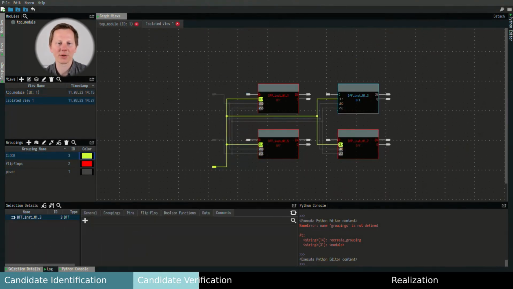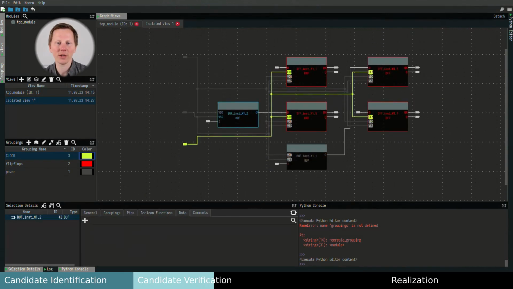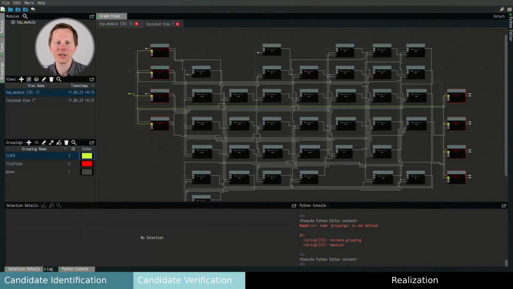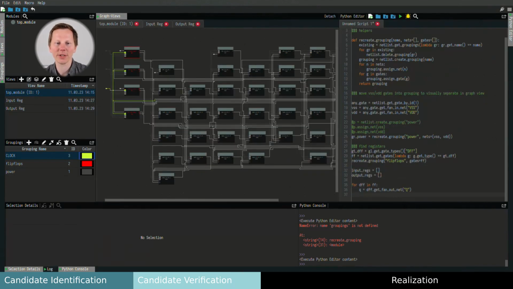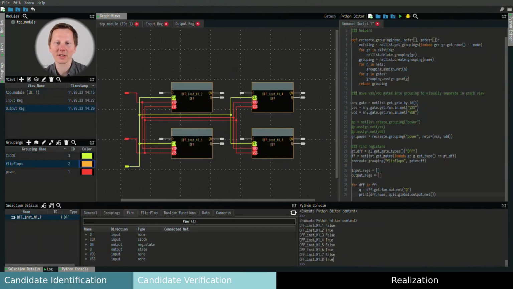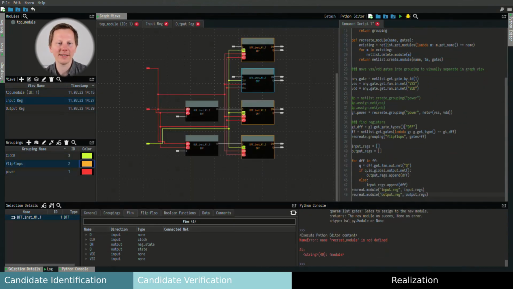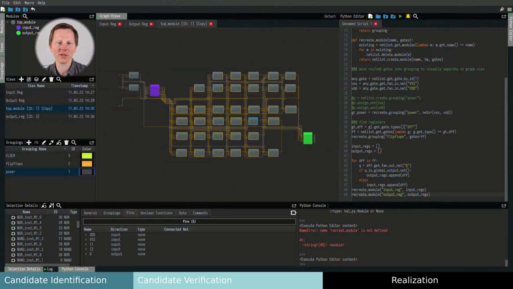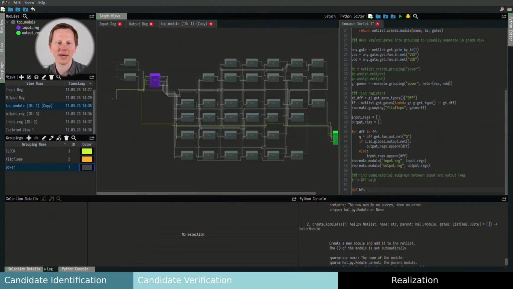In this step, the reverse engineer needs to infer what function each part of the netlist performs. A common technique, which we can also see here, is the recovery of higher-level structures of the netlist by finding and grouping related gates. Again, the reverse engineer makes use of both visual inspection and small automations that they script in Python.